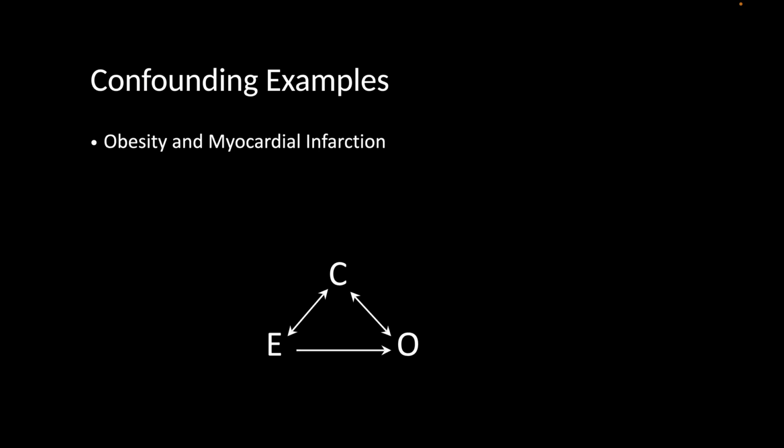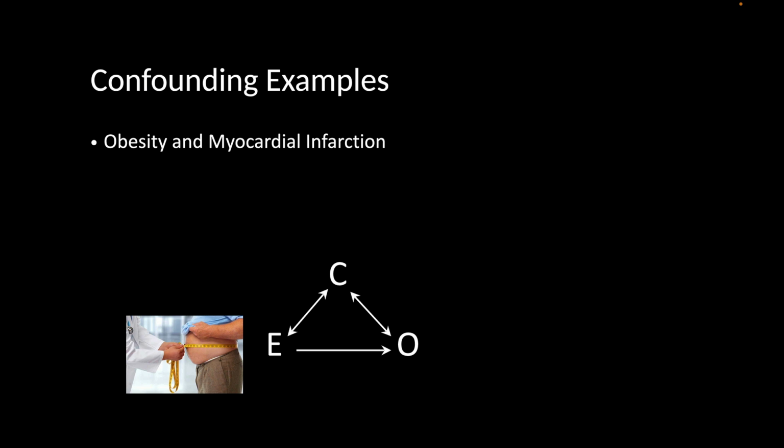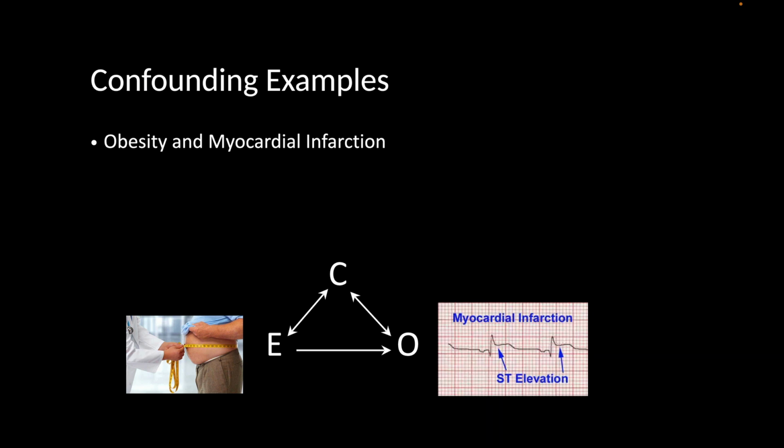Here's another example. This is an important one. So thinking about obesity and myocardial infarction, because sometimes you can have multiple exposures that can be confounders. So obesity, as it turns out, is in fact associated with heart attacks, with MI, myocardial infarction. But as it turns out, obesity is also associated with a whole range of other things.